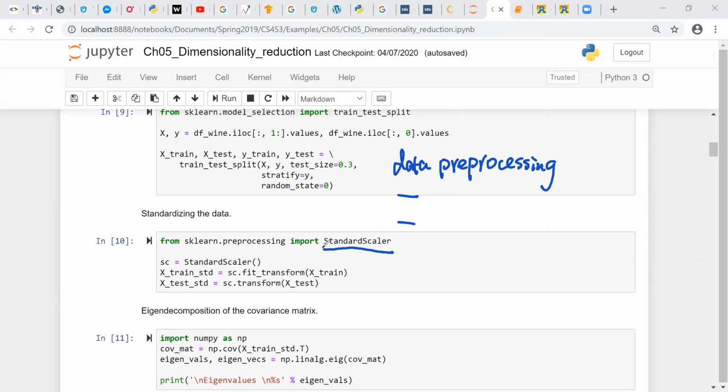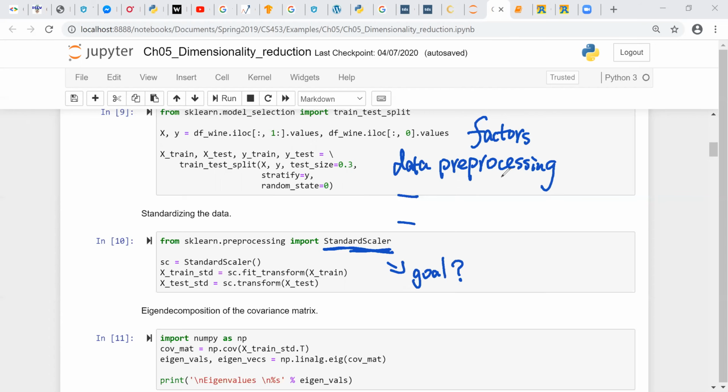And over here it's the standard scaler. So what's the goal for this? Data pre-processing involves a number of factors you need to think about. Dimensionality reduction is part of data pre-processing because it's not model learning yet.